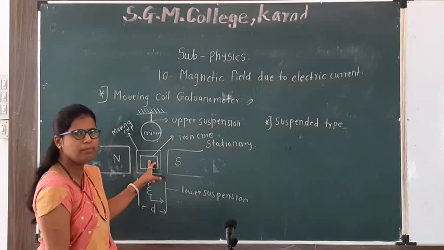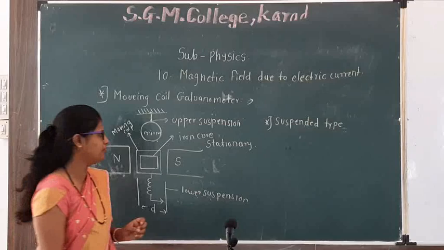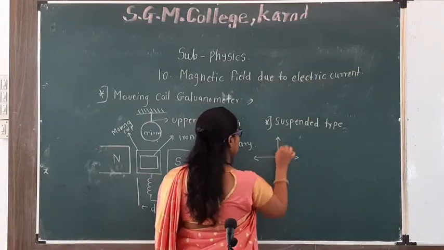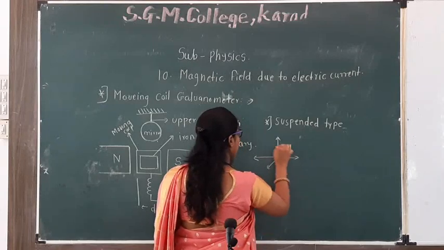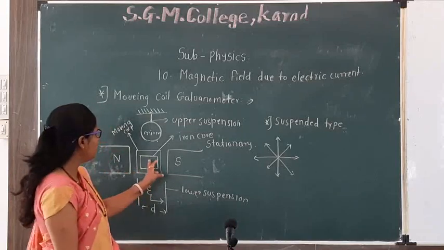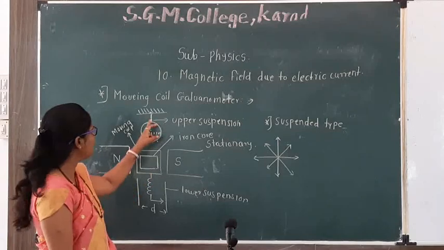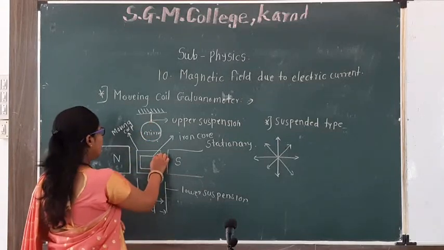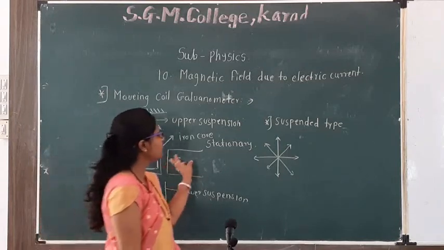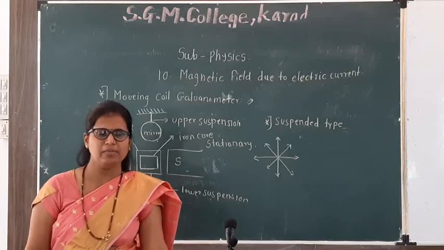So it can make the magnetic field radial. A radial magnetic field means the magnetic field is in all directions. The magnetic field becomes radial in the case of the moving coil galvanometer, as the coil rotates freely. So this type of galvanometer is a suspended or pivoted type of galvanometer.